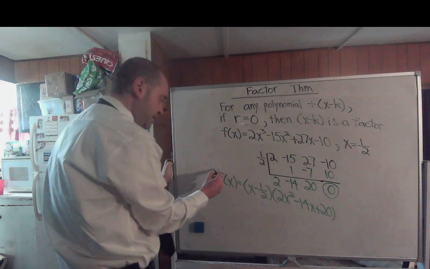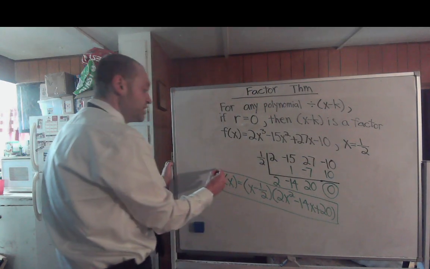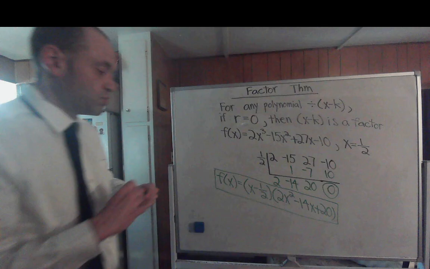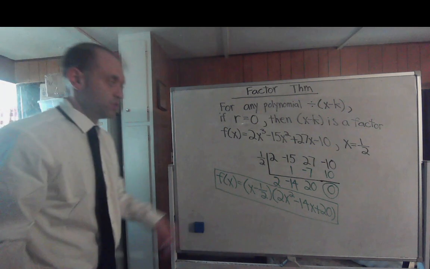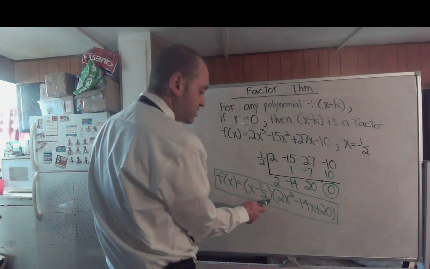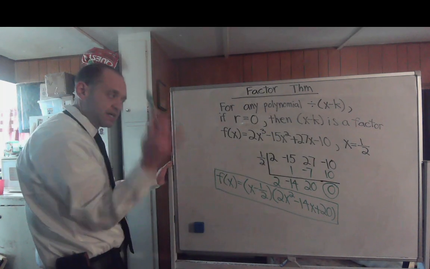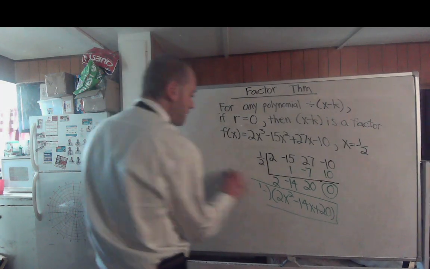And again, yes, we could factor these further, but we'll do that in the next lesson. Today, I just want you to see how the factored form works with the quotient to express the original polynomial. So it would be the factor times the quotient would give you the entire polynomial. I got one more.